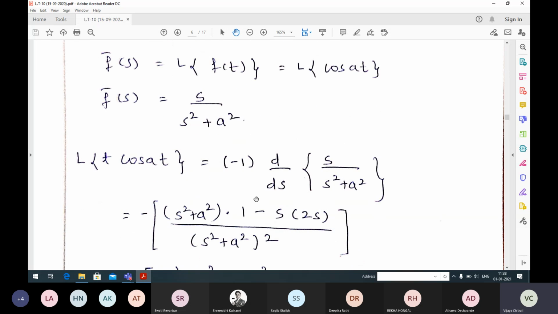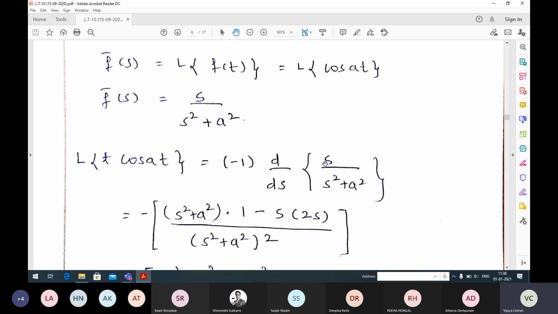Now this minus will be as it is. d by ds means differentiate this with respect to s, only one time.